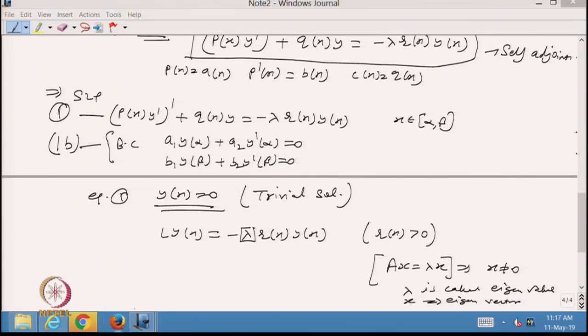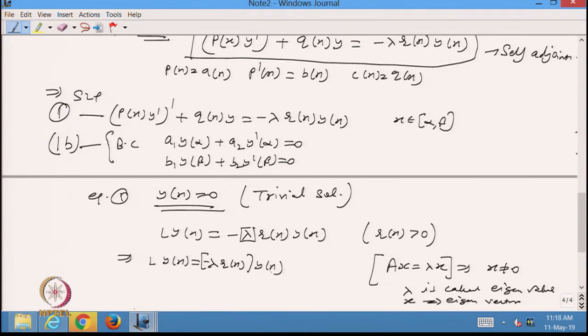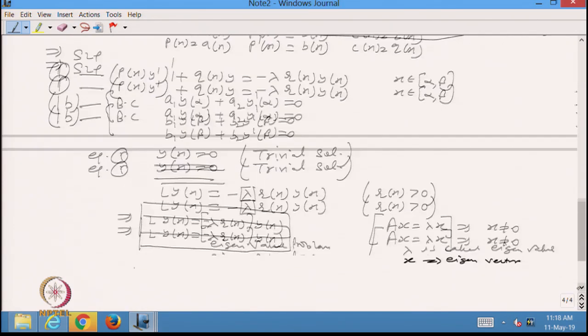So, from here I can say that for this value of lambda, I can write this equation as L of y(x) equal to minus lambda times r(x) y(x). So, if you see this equation, it can be written as an eigenvalue problem depending upon this r(x).